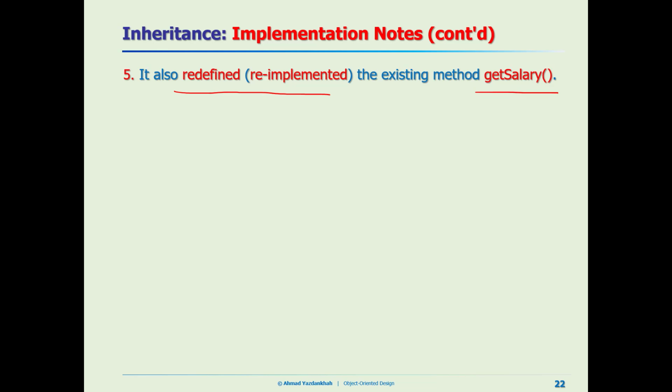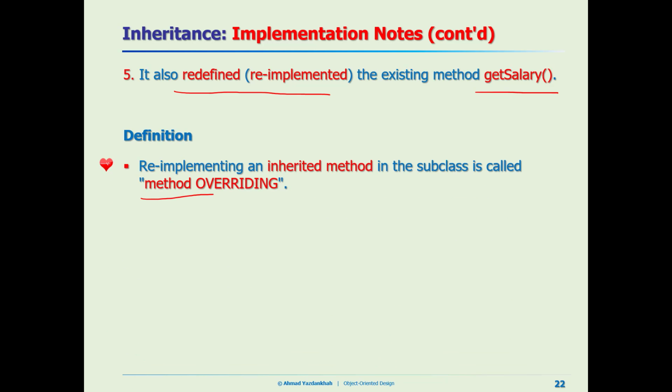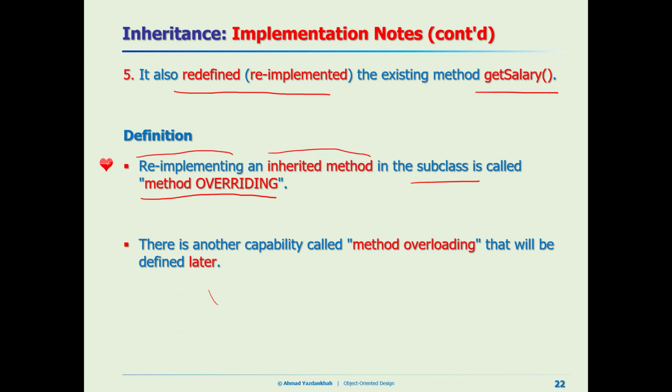And this redefinition of the parent's method has a specific name in OOP. We call it method overriding. So when you re-implement an inherited method in the subclass, we call this procedure method overriding, right? Just as an FYI for now, know that we have another concept and term, method overloading, that is totally different from this one, right? So I will cover that later.